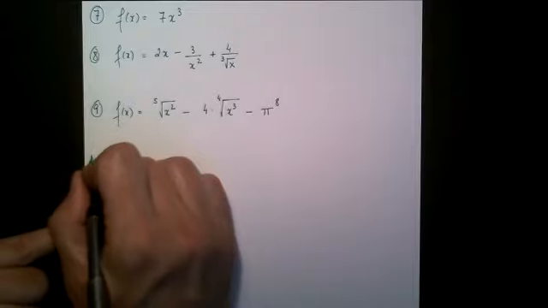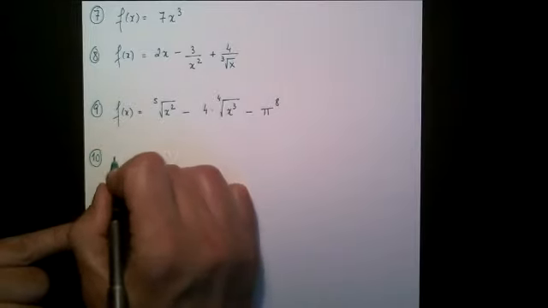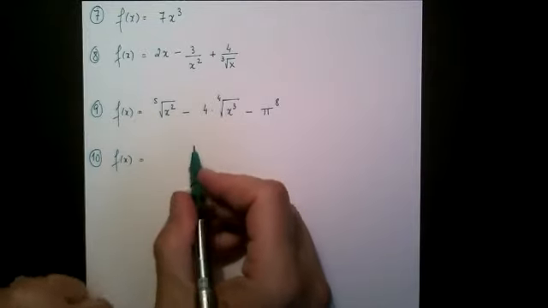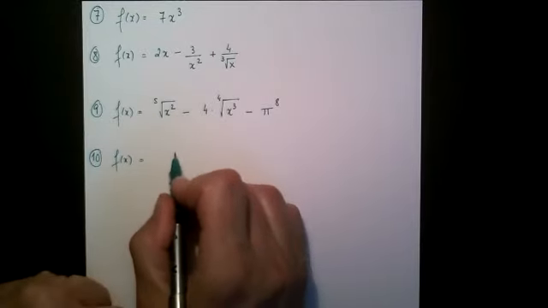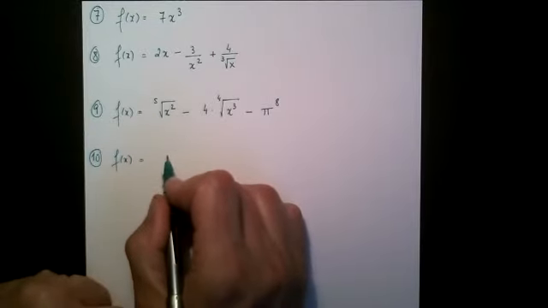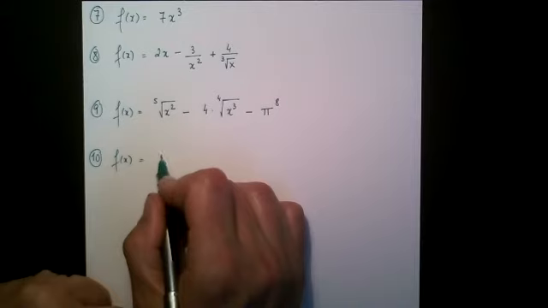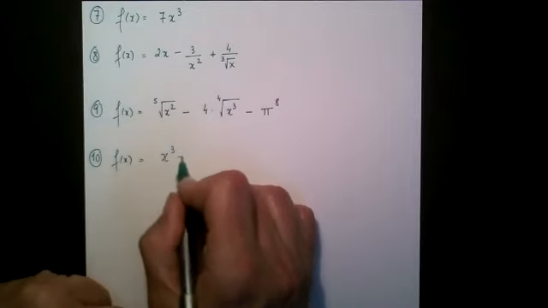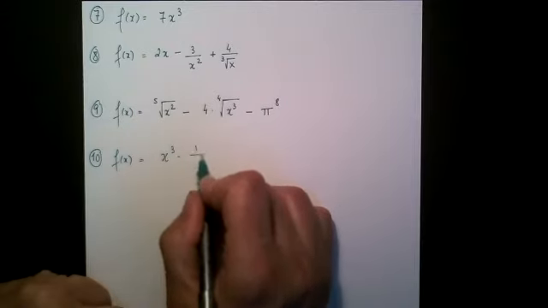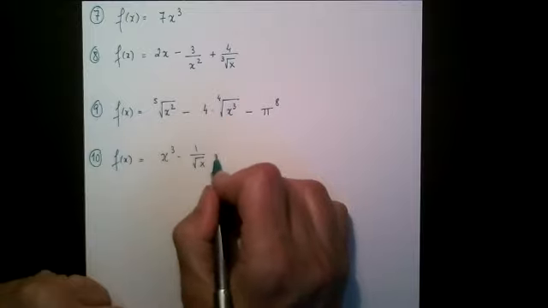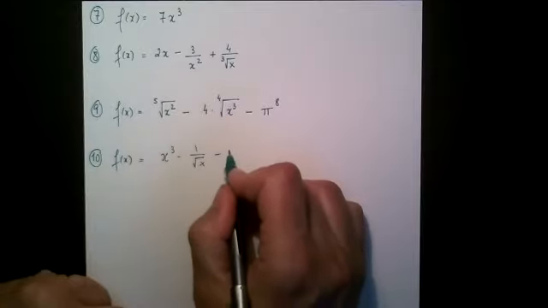And the last one, 10. f of x is equal to x cubed minus 1 over root x minus 8.